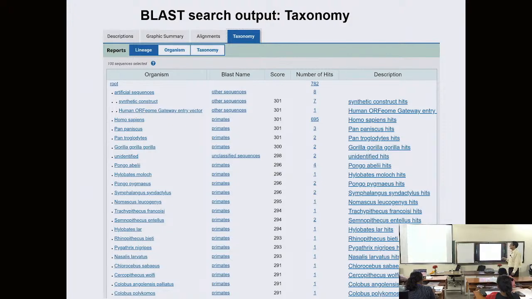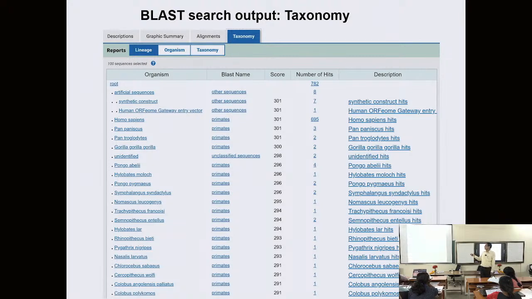And gaps you understand. So now if you click on the taxonomy tab, then you will see the hits in different taxa. And this is beta globin in human, the query. So you can see hits in primates and so on. It will hit in many different taxa.